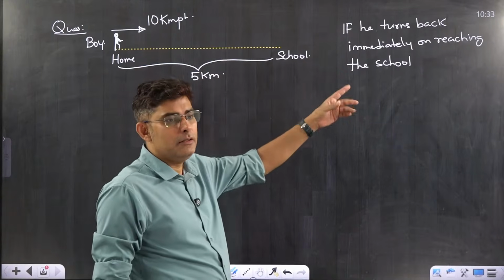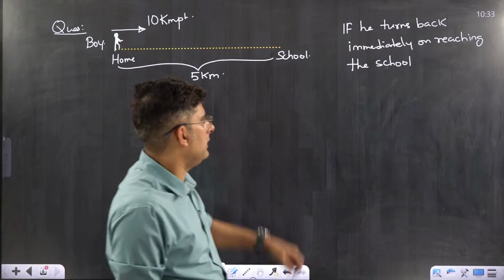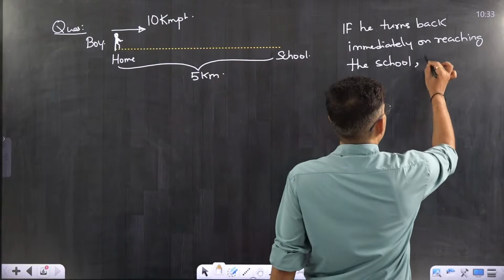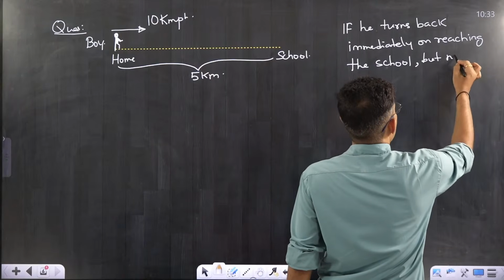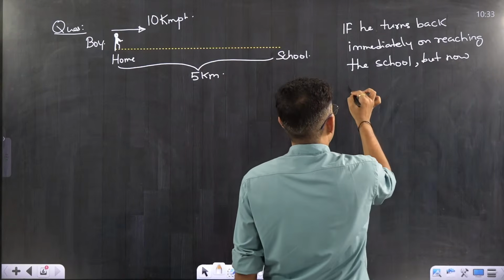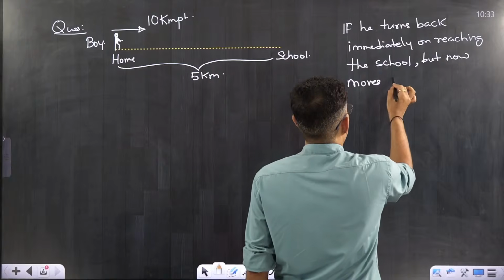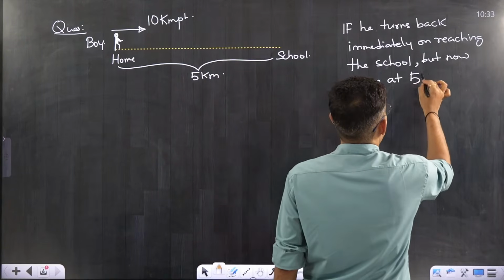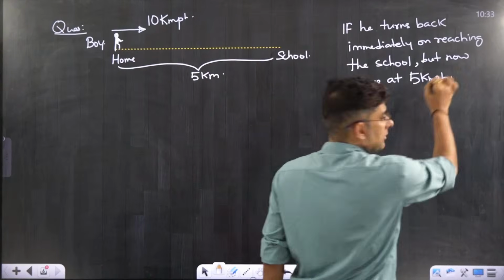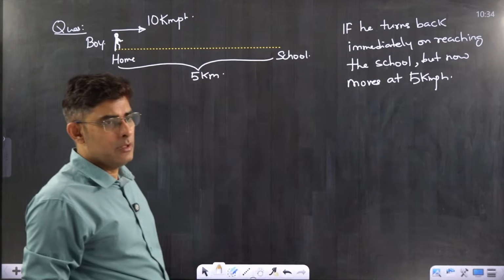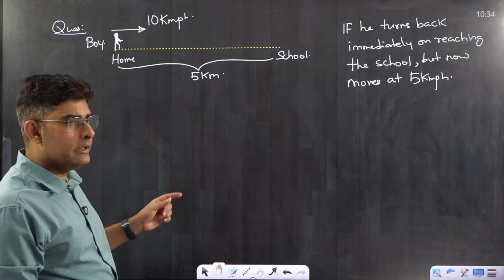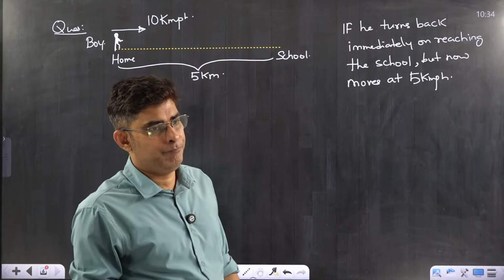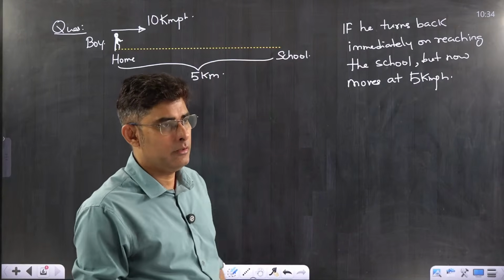So whatever be the reason, he turns back immediately on reaching the school. But now he moves at 5 km per hour, because earlier he was moving very fast, 10 km per hour, and suddenly he turned back and starts moving at 5 km per hour. This is the situation given.